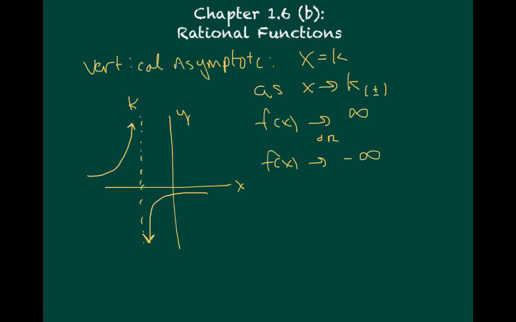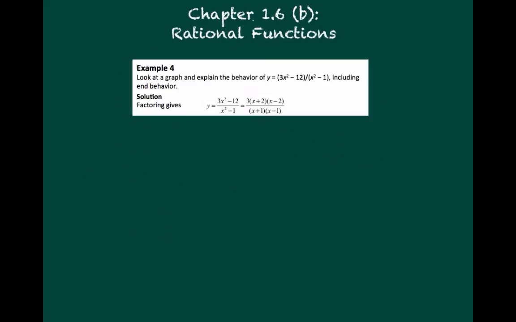Now let's take a look at how we find some of the key parts of a function so that we can graph it. The example I want to look at is example number 4. It's also found on page 49 in your book if you need more detail on the explanation. They want us to look at a graph and explain the behavior of y equals (3x squared minus 12) divided by (x squared minus 1).